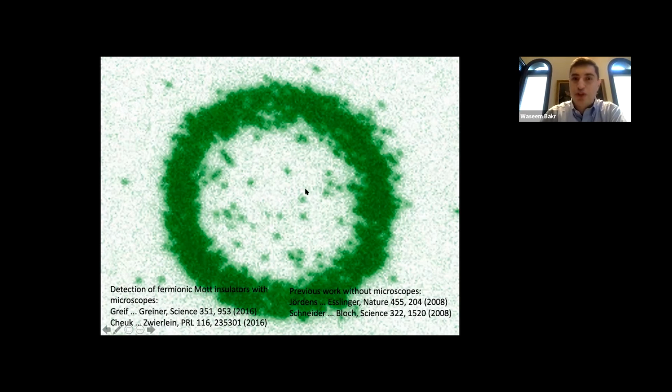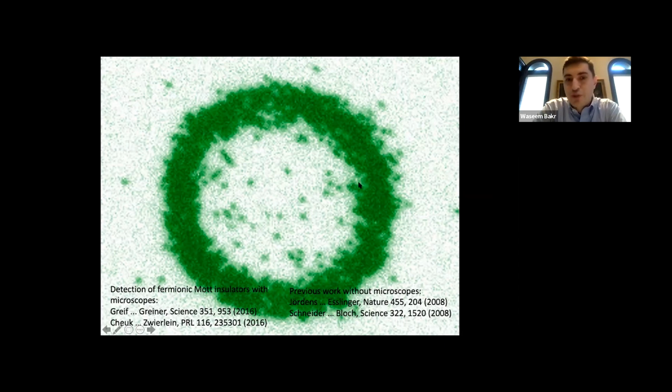When you shine light on this pair of atoms in the center, there are light-assisted collisions, the pair gets ejected, and you get an empty hole in the center where the band insulator used to live. The atoms get kicked out very quickly, within a few photons, and the remaining atoms are just on the edges where you have a Mott insulator. So in the middle there's a band insulator, surrounded by a Mott insulating shell.